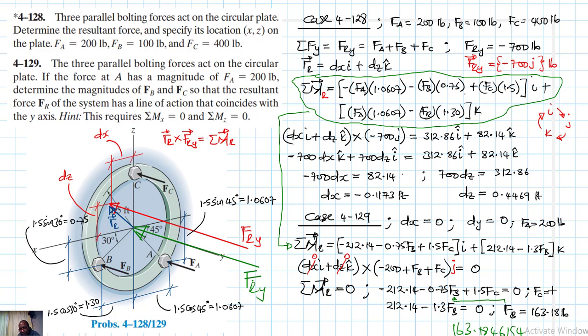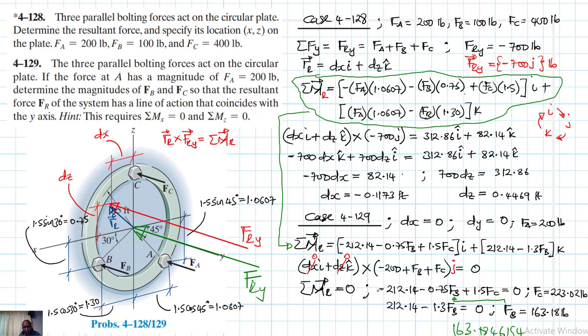So we find that our FC is equal to 223.02 pounds.